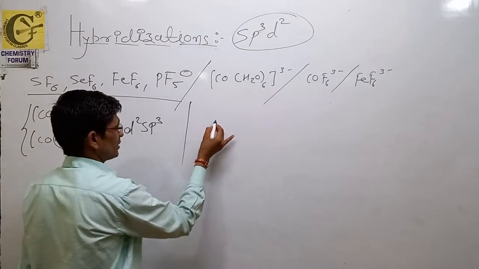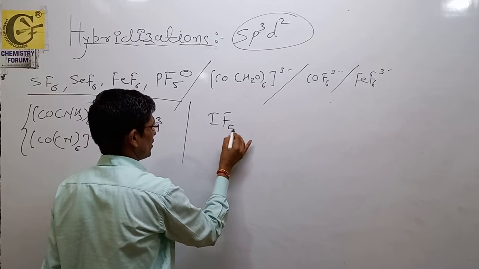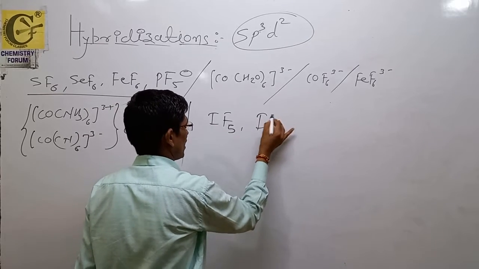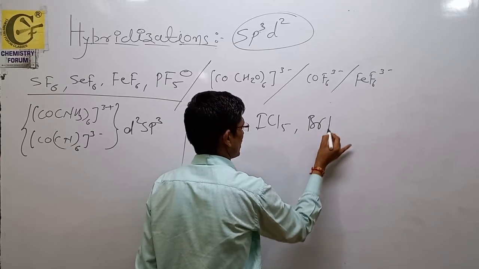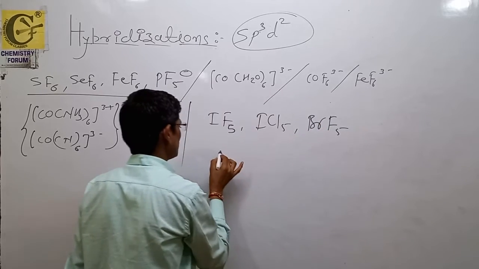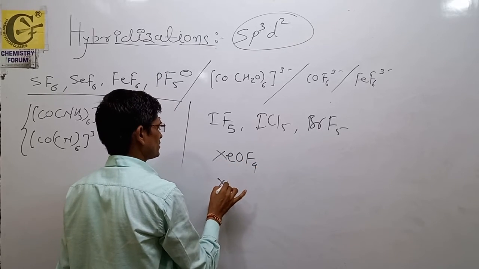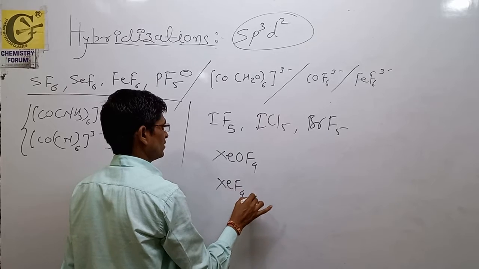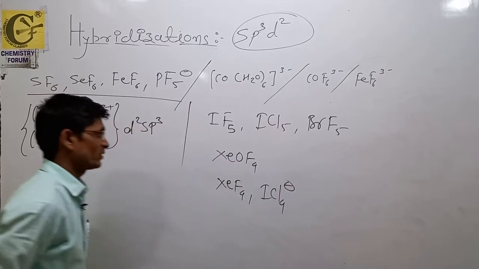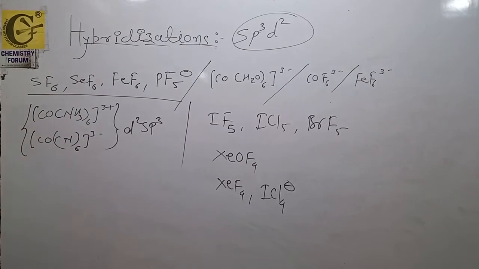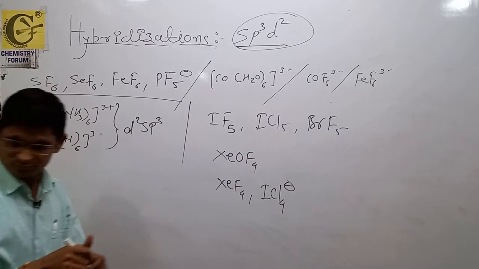Again, other examples are IF5, ICl5, BrF5, उसके बाद में है XeOF4, XeF4 and ICl4 negative charge. These are all examples having sp3d2 hybridization.